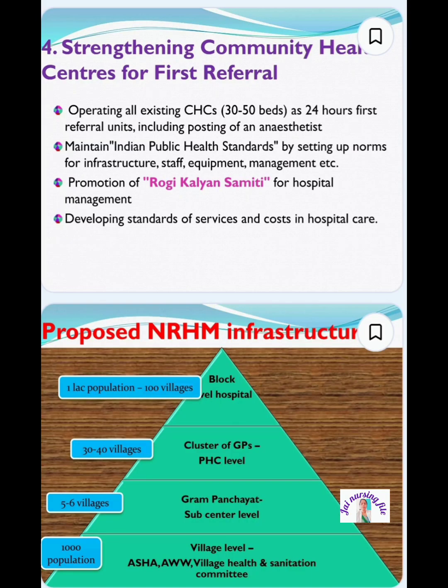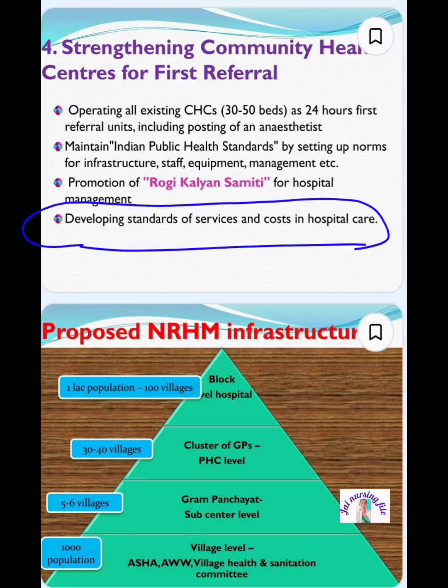Strengthening community health center for first referral, so existing CHCs of 30 to 50 beds as 24-hour first referral units, including posting of the anesthetist. So in this, a 30 to 50 bed hospital will be there, 24-hour services, anesthetist will be available, and then maintain Indian Public Health Standards and setting up of norms for infrastructure, staff, equipment, management, and they will promote Rogi Kalyan Samiti for the hospital management, and then developing standards of services and cost in the hospital care.